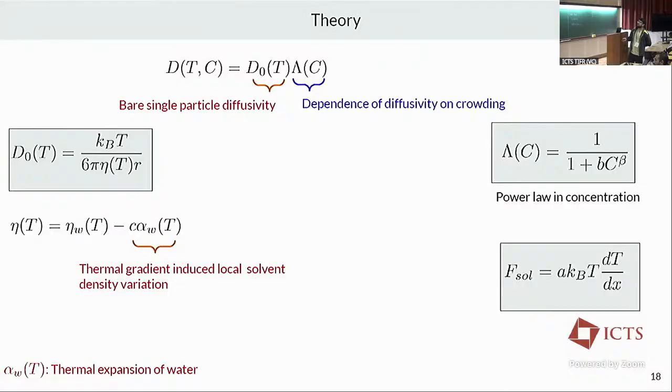And what we have also shown is that the solvation term takes a form something like this, T multiplied by the gradient of temperature, and A is a constant.